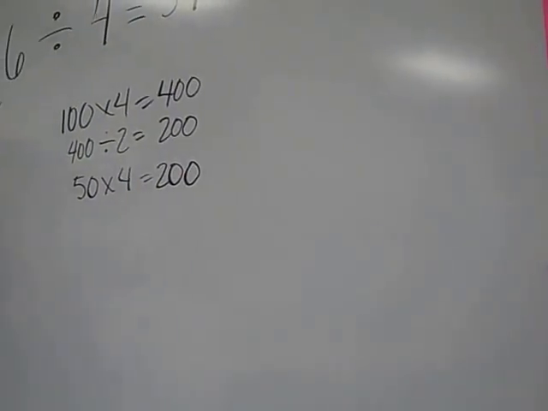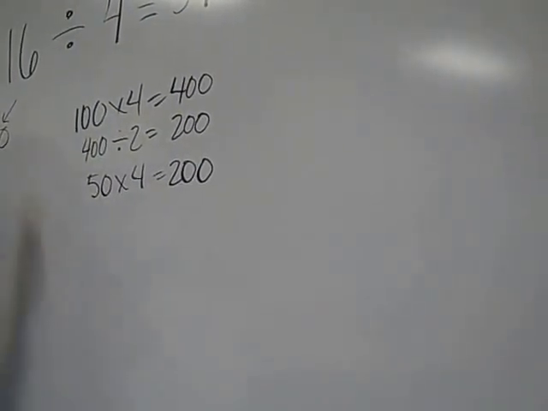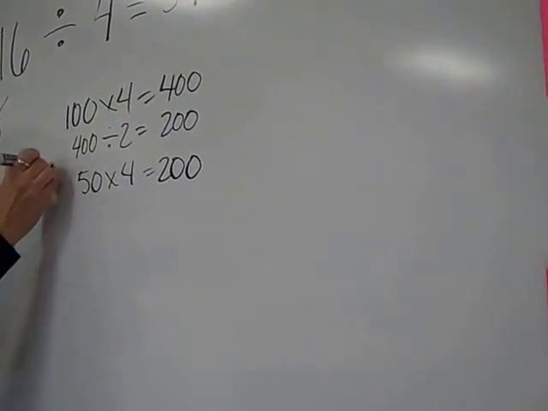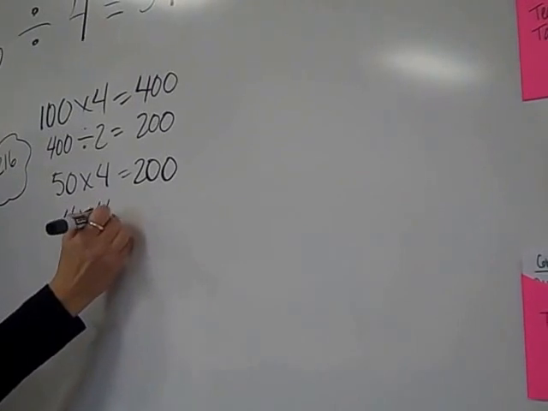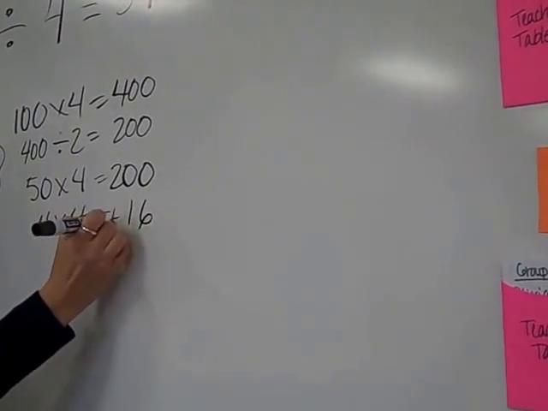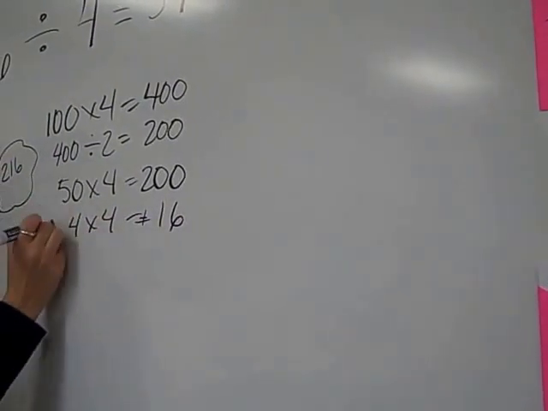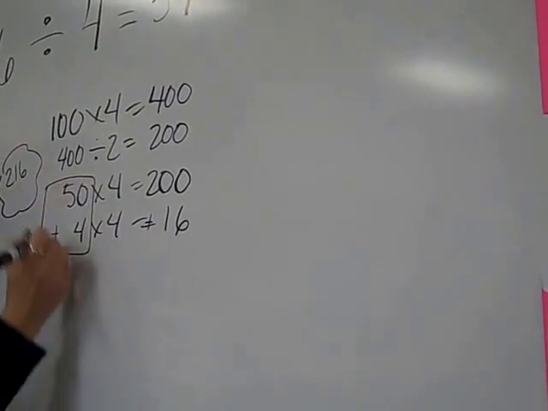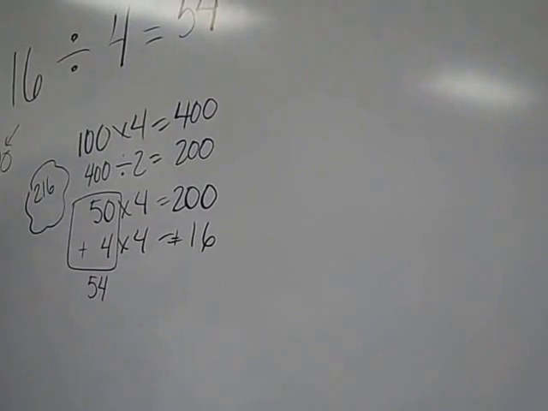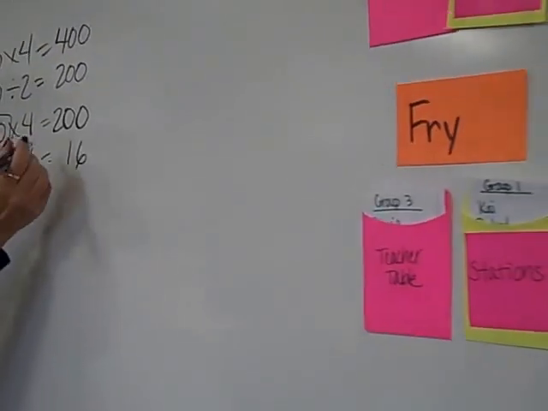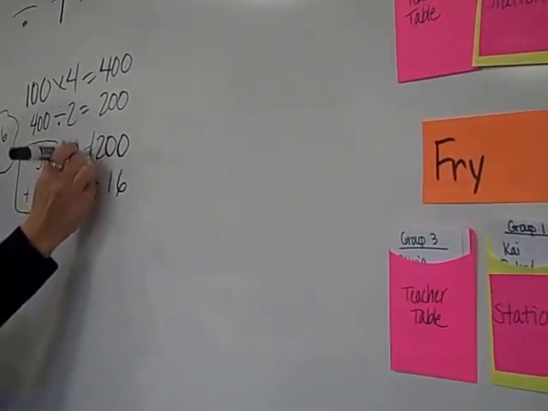Okay. And so that helped me get, and I knew that 4 times 4 is 16. So I added up 50 and 4. 50 is what I used to get 200, and 4 is what I used to get 16. And if I come over here and I add, what does that give me?